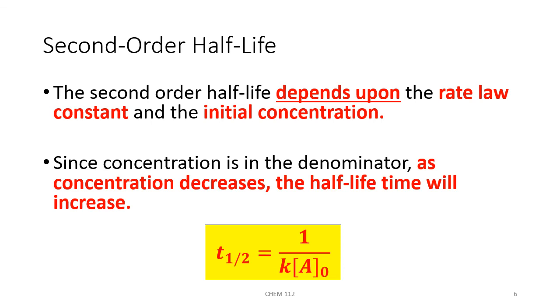So second order half-life does depend upon the concentration that you're starting with. You can see that the original concentration is in the denominator. So as the initial concentration goes down, the half-life will go up because you're going to be dividing by a smaller number and then dividing by another smaller number. So half-life will increase as your original concentration goes down.